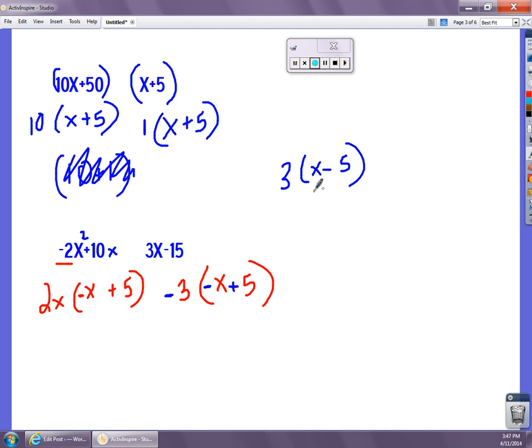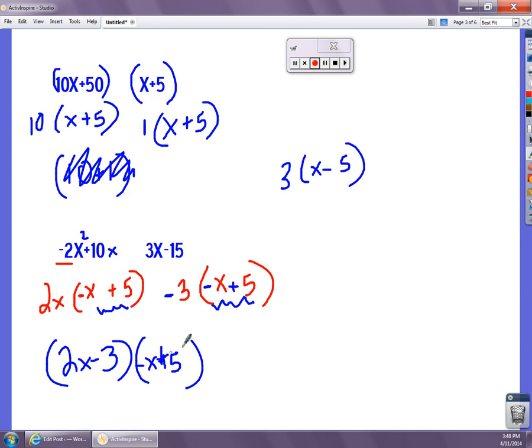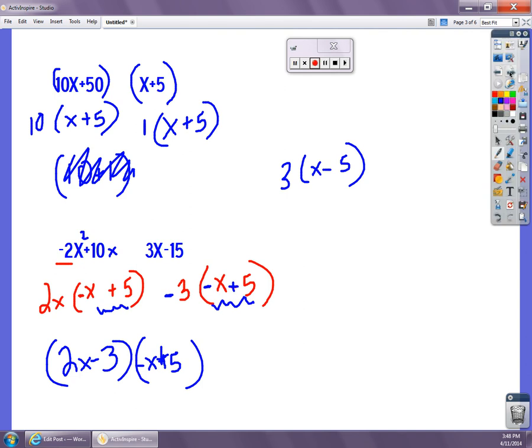If you multiply this in, you get the same exact thing. So I'm able to do that because now you have the same thing written inside the parentheses. So if that ever happens, just factor out a negative 1, and now you're left with 2x minus 3 on the outside in one parentheses, and then the negative x plus 5 in the other. And that's a way that you can take care of it if for some reason it's not exactly the same inside the parentheses, but you have the opposites.